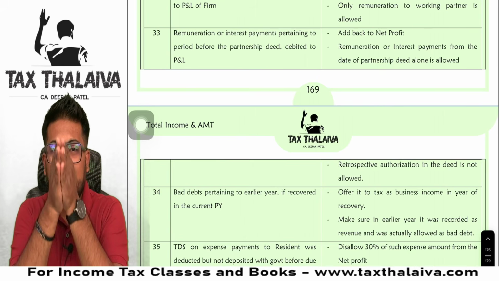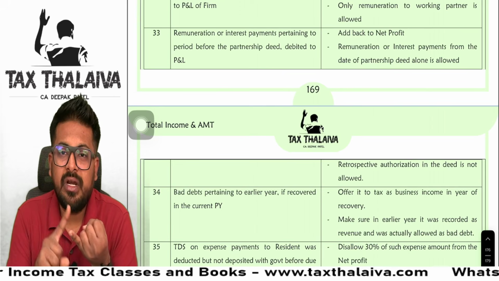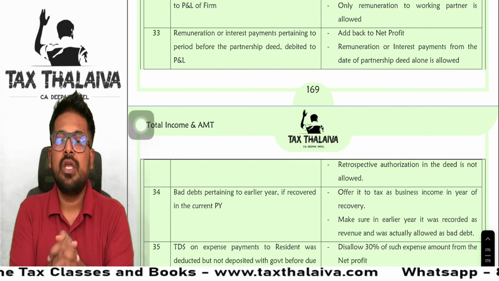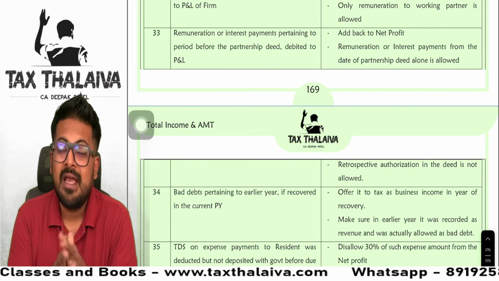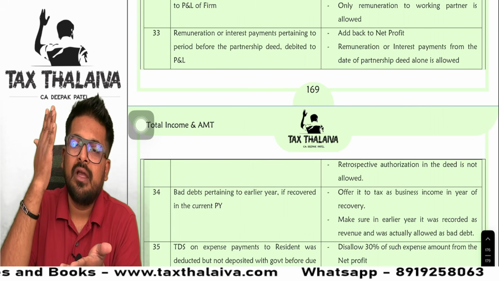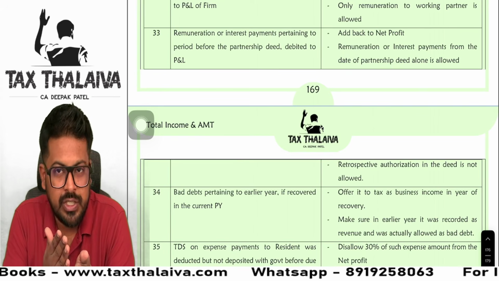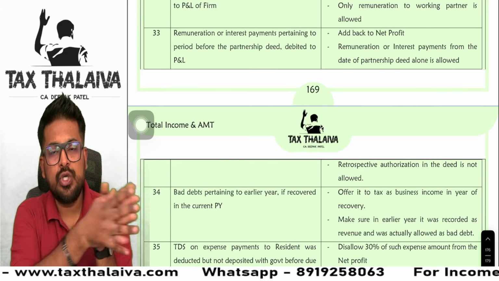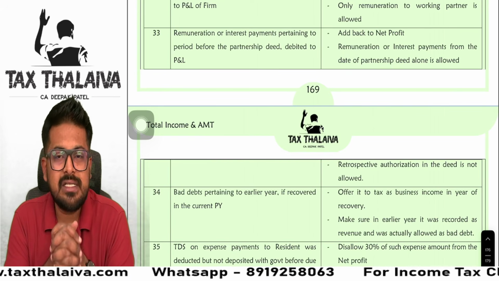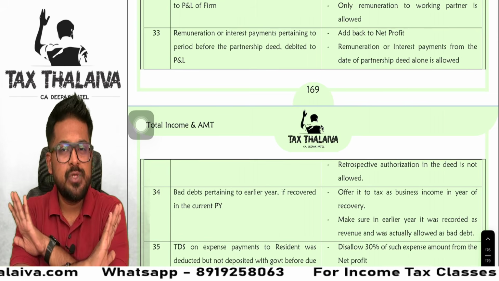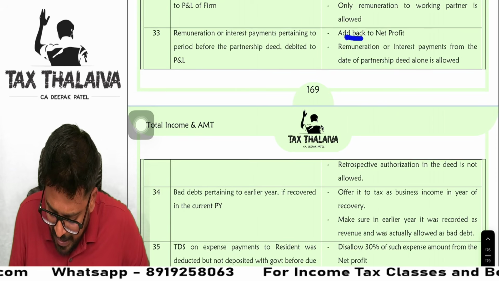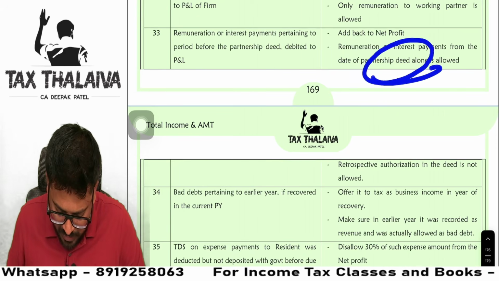You can only claim the deduction of remuneration or interest paid to the partners after the date of the partnership deed coming into picture. Before the execution of the partnership deed, whatever interest and remuneration is paid to partners is absolutely, totally disallowed, guys. Add back to profit.